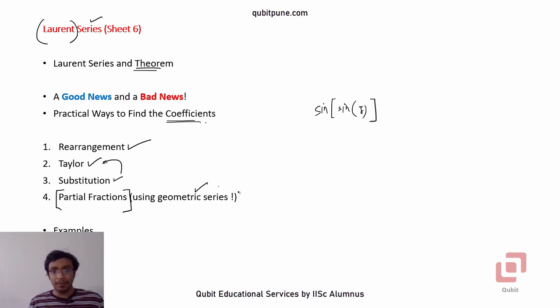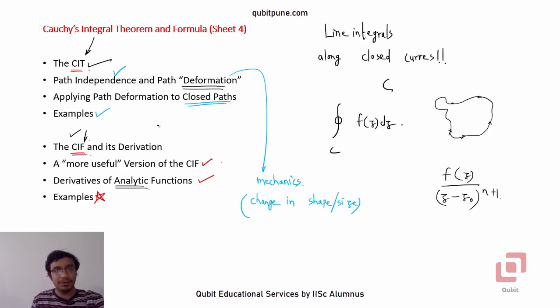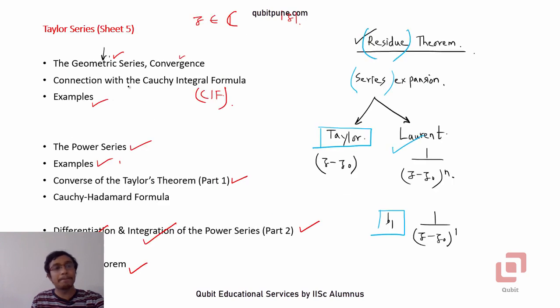Remember, in our previous lecture we saw the geometric series, and we saw the two modifications which were required for convergence. These were for 1 upon z minus z naught.